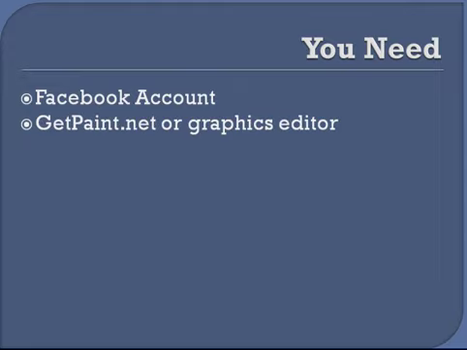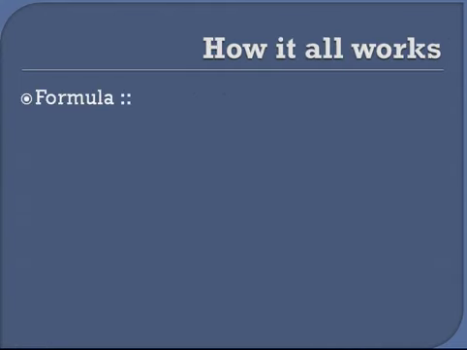Here are just a couple things you need. You need a Facebook account. Obviously, you need internet. And you also need a graphics editor, or you need getpaint.net. We're going to use this to create our cover page and our profile pic. This is how it all works. It's pretty simple.